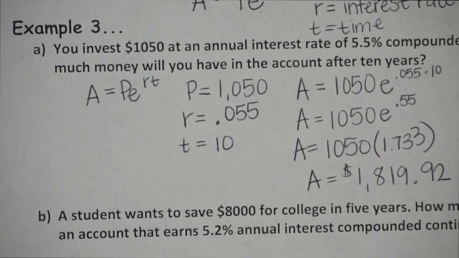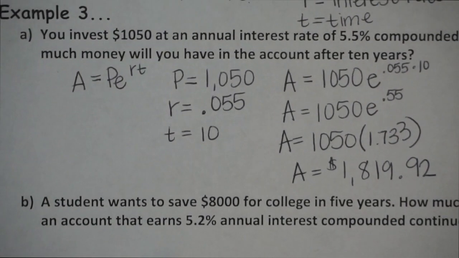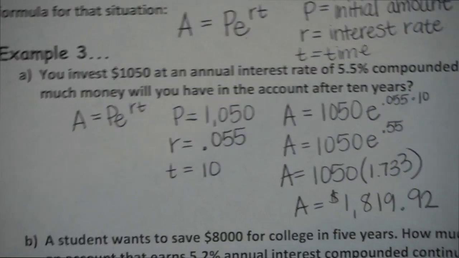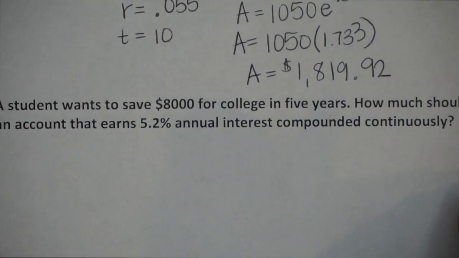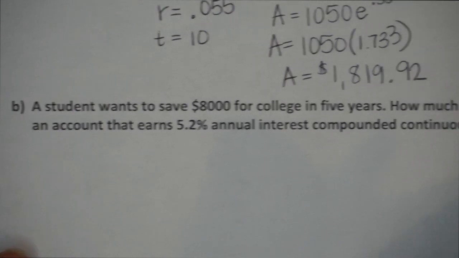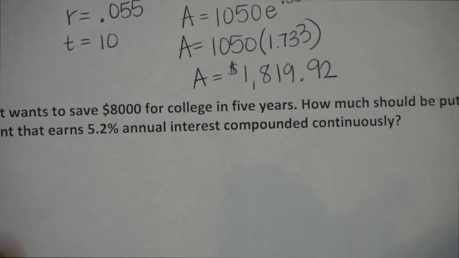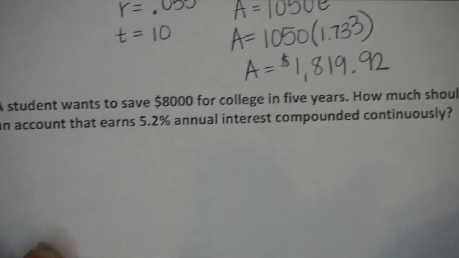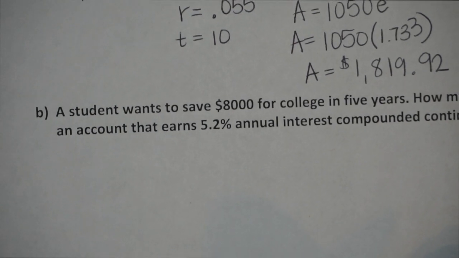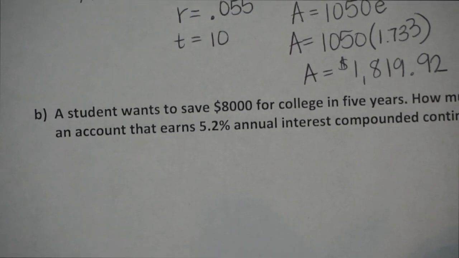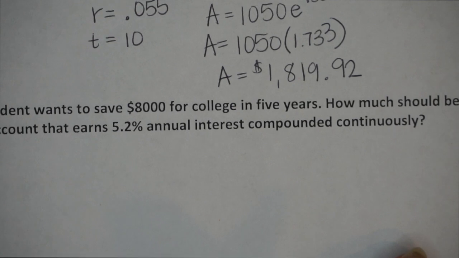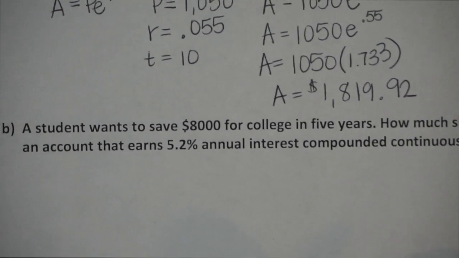All right, last one. A student wants to save $8,000 for college in 5 years. How much should be put into an account that earns 5.2% annual interest compounded continuously?